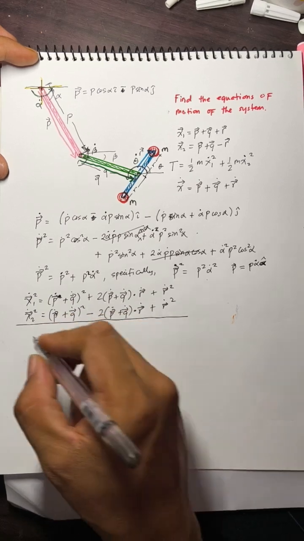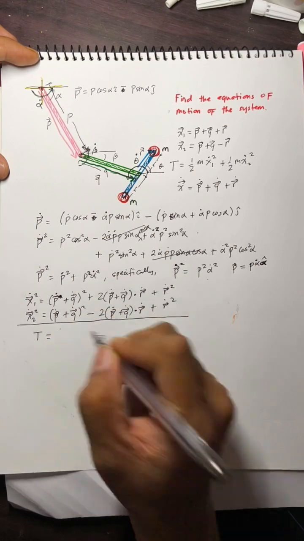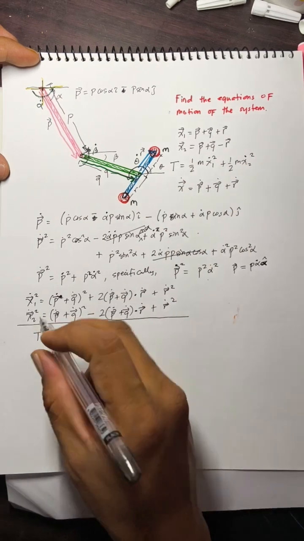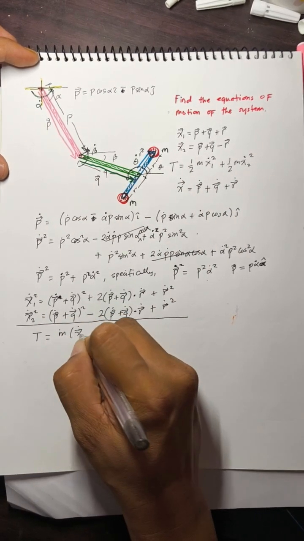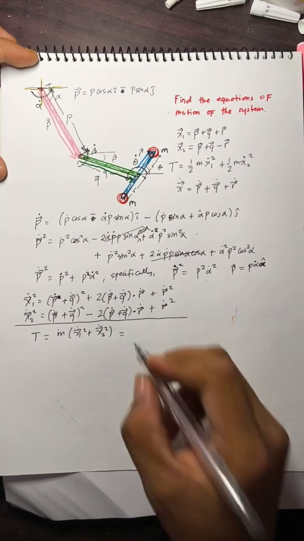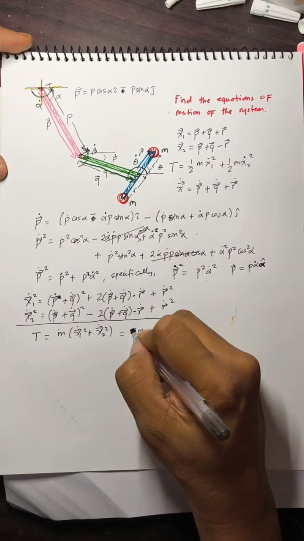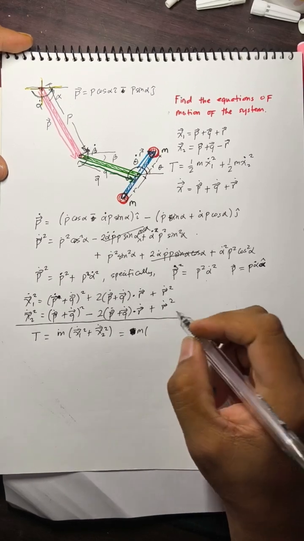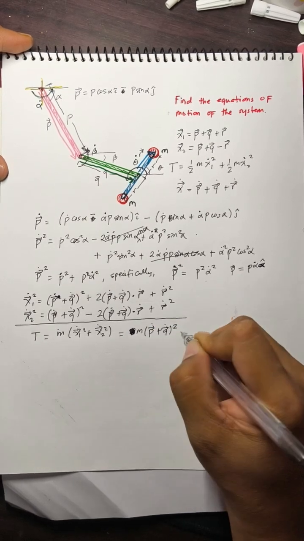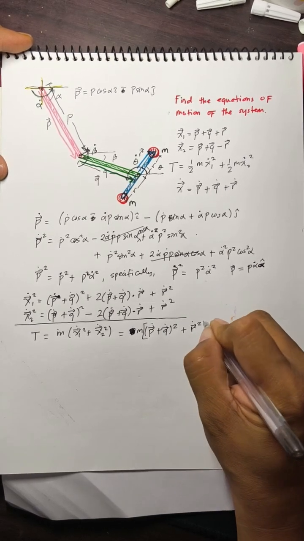So in fact, our total kinetic energy T is equal to 1 half M plus 1 half M. That's M. Okay, this should be M times x dot 1 squared plus x dot 2 squared, which is just equal to, no, there's no 2 there, you have M times p dot plus q dot squared plus r dot squared.